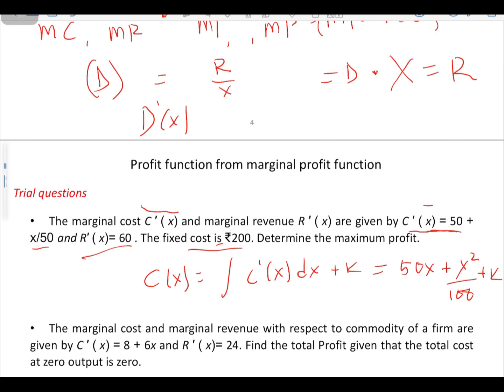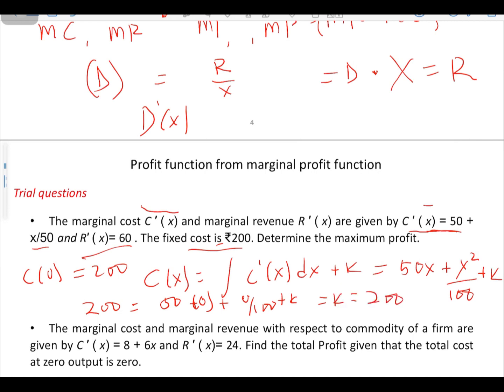So therefore, C of 0 is equal to 200. So we just equate it, 200 equal to 50 multiplied by 0 plus 0 over 100 plus k. Therefore, my k equal to what?